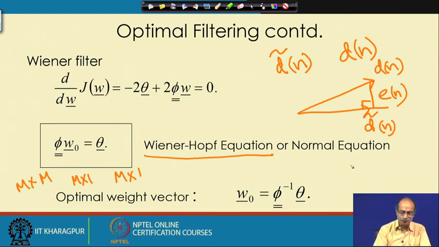Okay. So, this is how we get the Wiener-Hopf equation or the normal equations, and by solving this set of equations, we get the optimal weight vector W 0 equal to phi inverse theta.